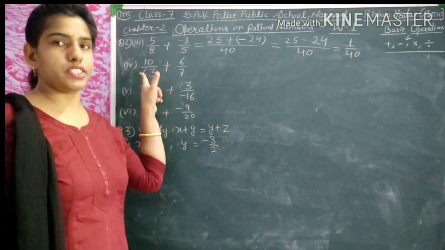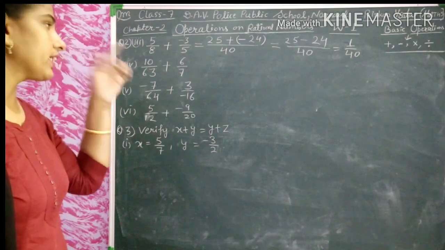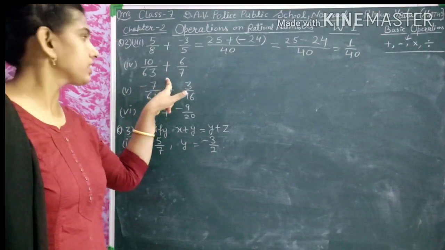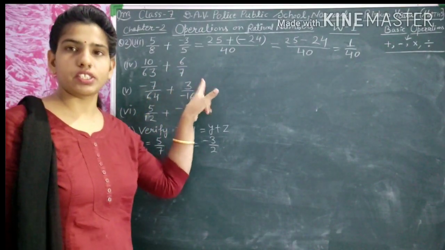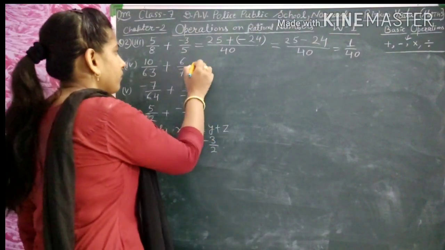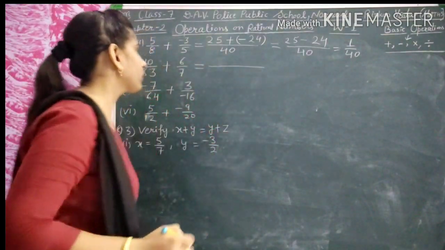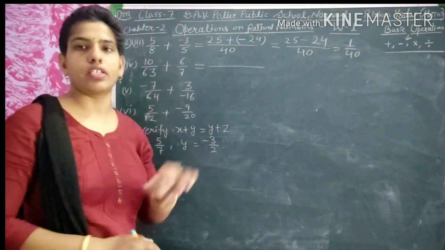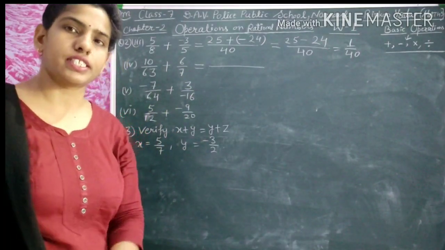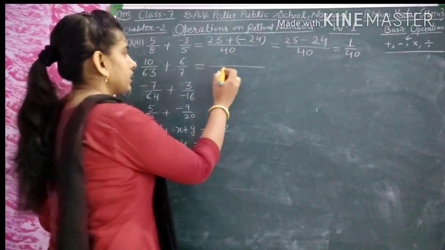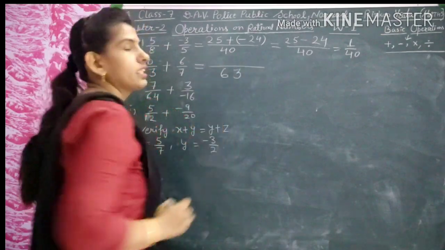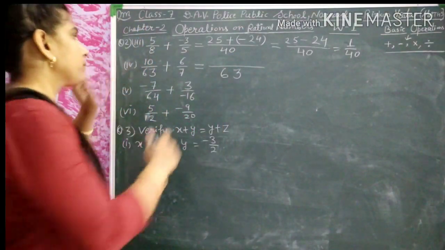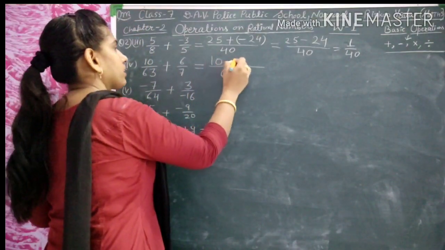Part second is there. In part second, 10 divided by 63 plus 6 divided by 7, and we will take the LCM first. 63 and 7. LCM of 63 and 7 is 63. So it becomes 63 as well, but plus.